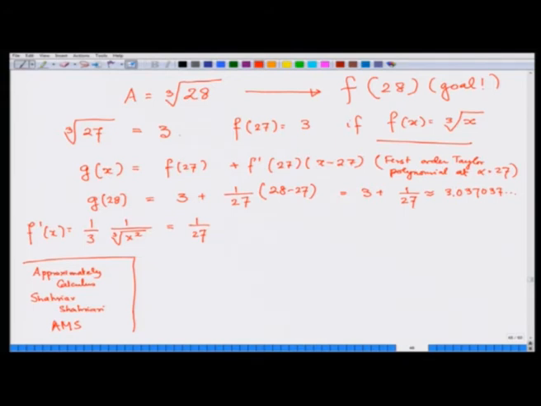And so, this is what you have, but what is your error term here? So, your error term here at the second level, E1 is f double dash c by 2 into 28 minus 27 whole square. So, it is again nothing but f double dash c by 2, where c is some number between 28 and 27.